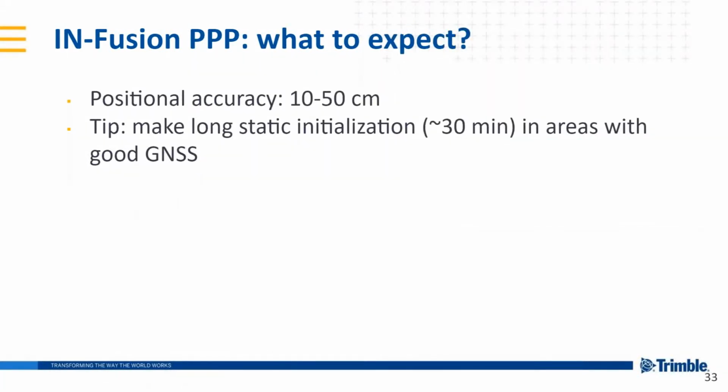The expected positional accuracy for PPP is about 10 to 50 centimeters. And again, make a long static initialization of about 30 minutes in an area with good GNSS conditions.